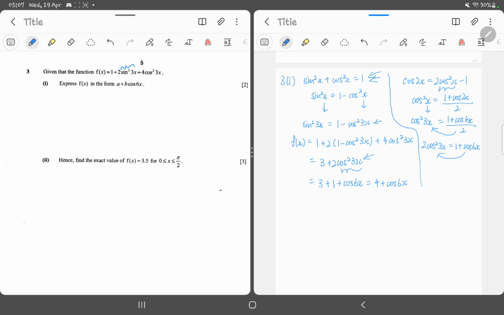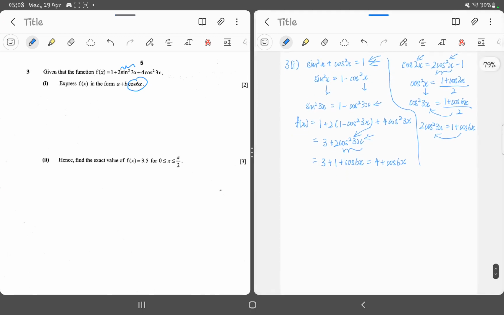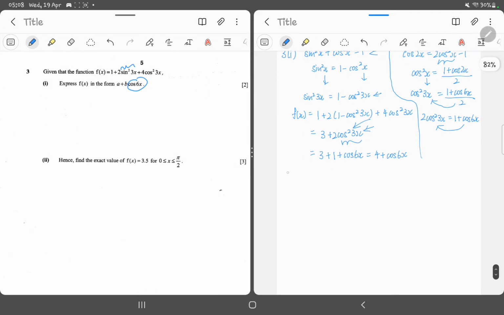Once you have performed the substitution, you arrive at cosine square 3x, and then you take a look at the formula sheet and you realize that, oh, I have a cosine square x here, and I think I can make use of this, and I see that there's a cosine 2x. It seems quite similar to cosine 6x, correct? So then that will be the trigo identities that you should probably use. So let's move on to part 2.